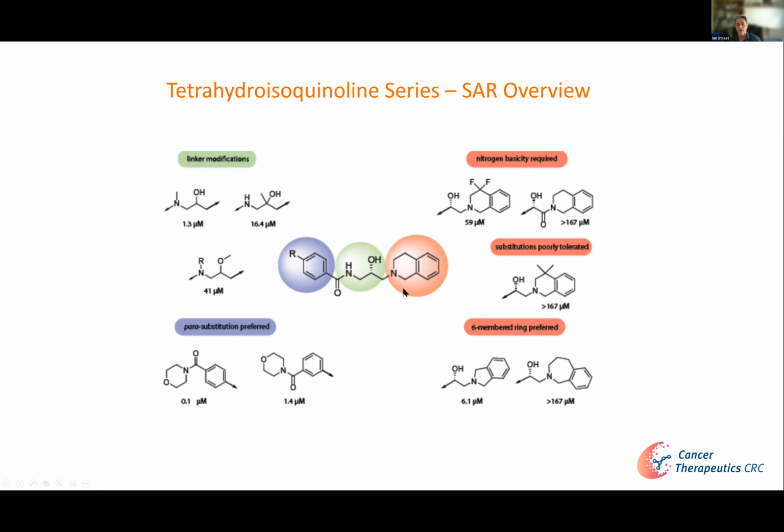On the right-hand side was this tetrahydroisoquinoline, which basically you couldn't really modify at all without dramatically losing the potency. And this became something we had to tackle later on in the project, because this is a potential safety liability, plus also it turned into an IP liability later in the project.